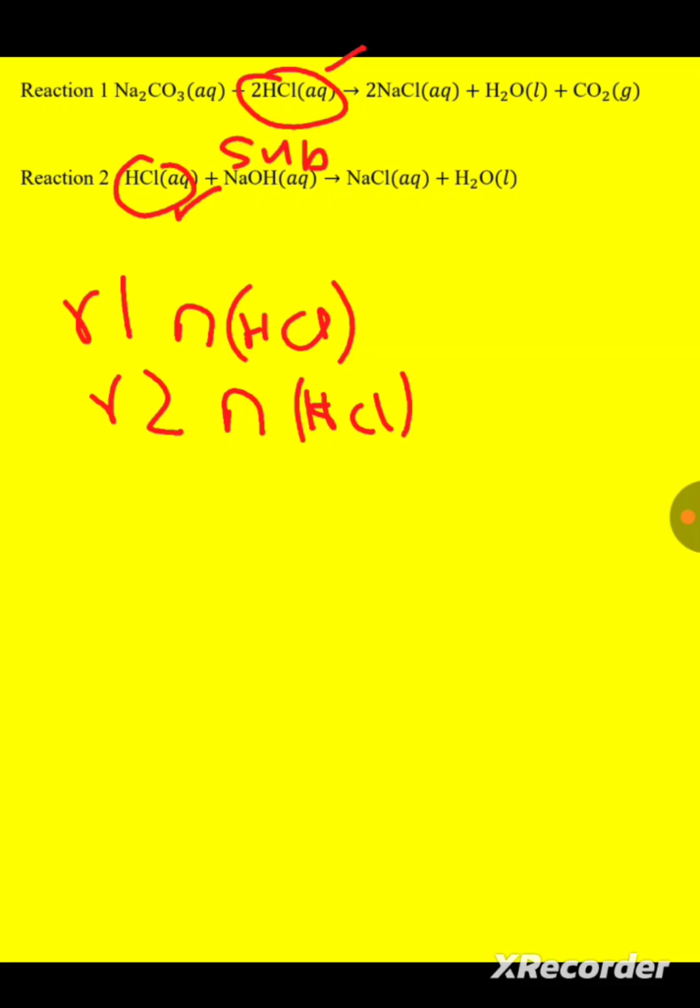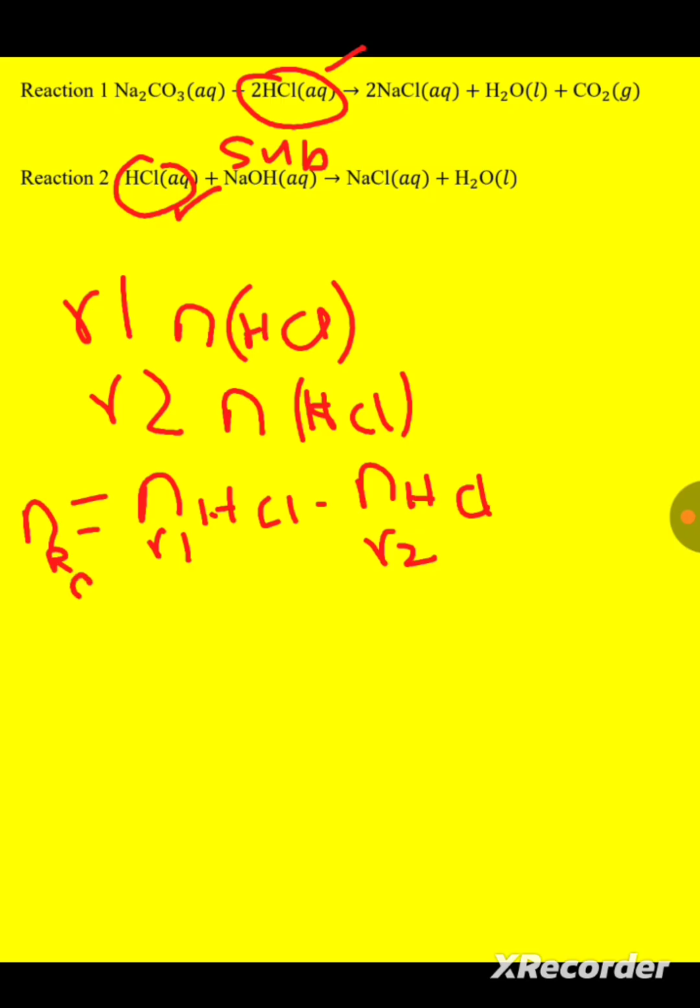Then now I say the number of moles minus the number of moles of HCl. Again, these ones are from reaction 1, these ones are from reaction 2. That will be the reacted number of moles. That will be what we call reacted number of moles.